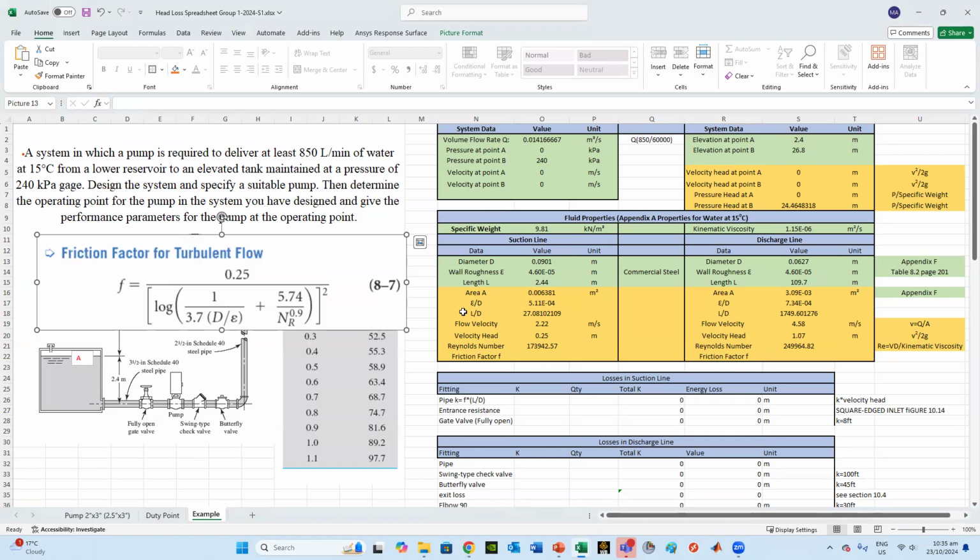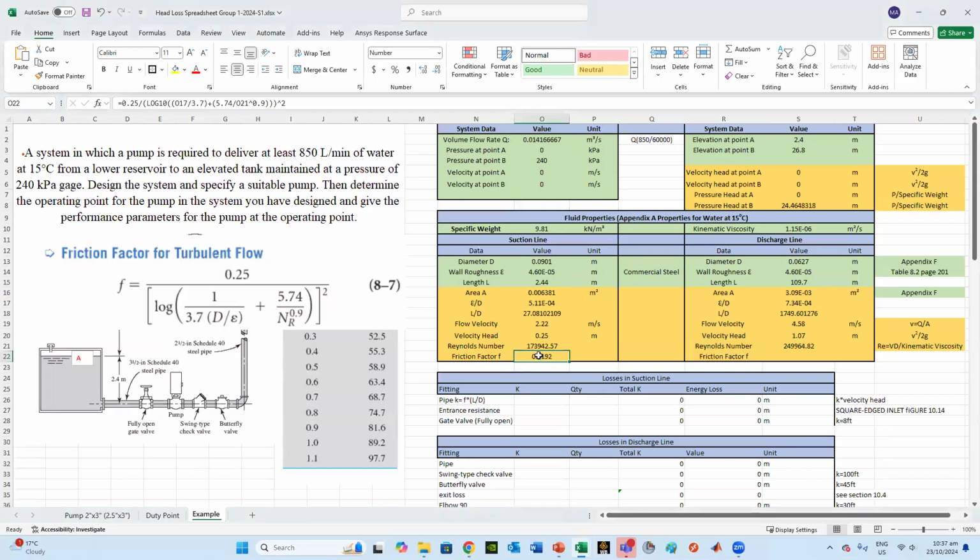I have here D over E instead of E over D, so I need to be careful with that. It would be the reciprocal of that. I could change that to be D over E and D over E to make it okay. And 1, and the log, make sure it is log 10, and 7 for that.